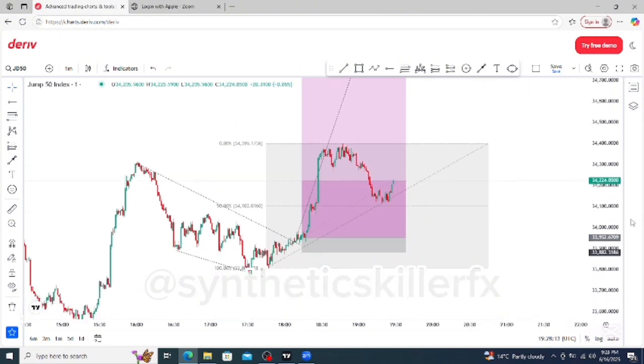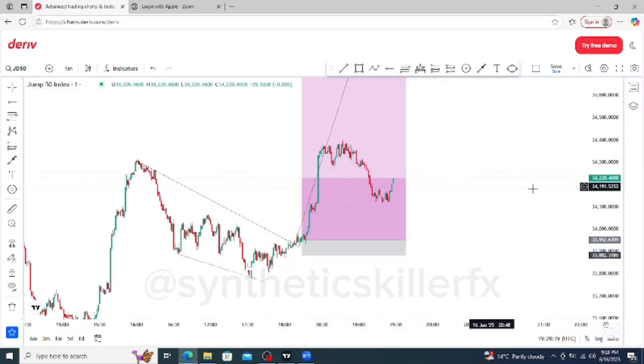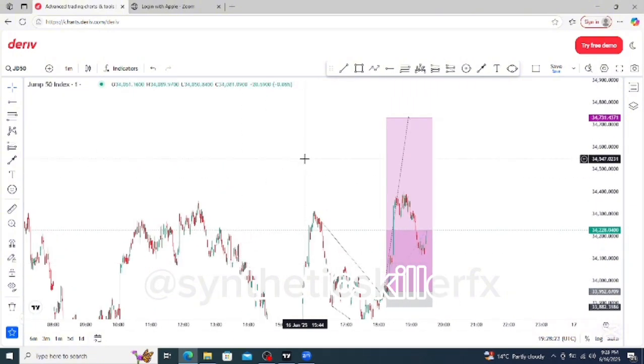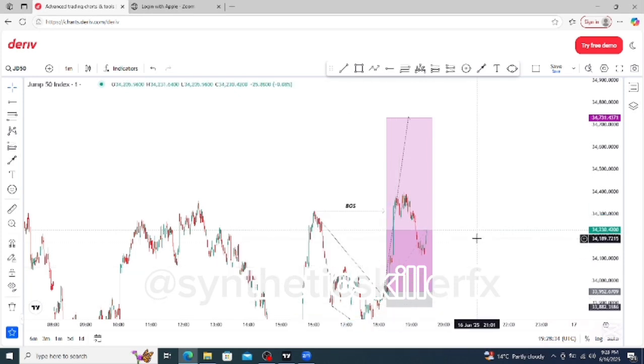right? So yeah, this has also tested our 50% fib level. And it looks like it broke the previous high, right? It broke the previous high. So there may be a chance that price will push all the way up to our TP3, right?